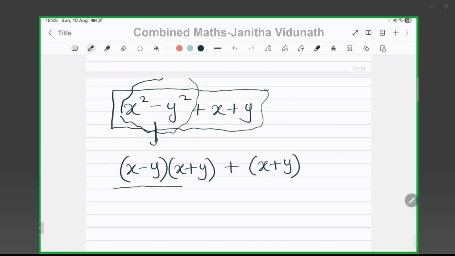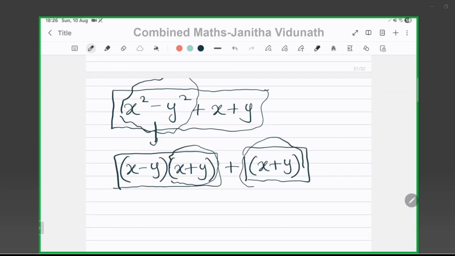Then by observing this as one term and this as another term, we can identify x plus y is common for both terms. Then we can factor it out from both terms.